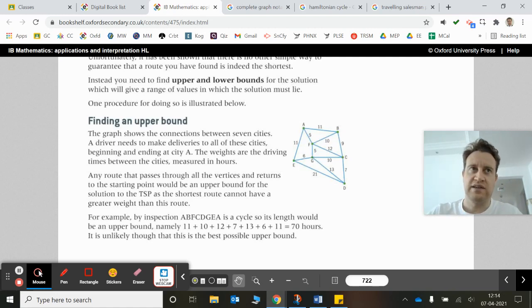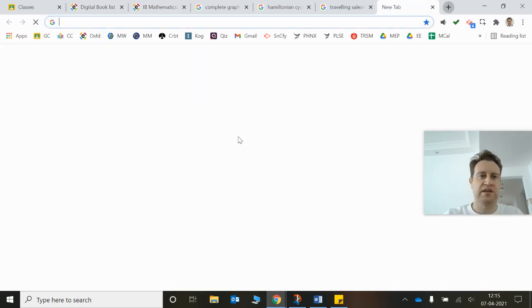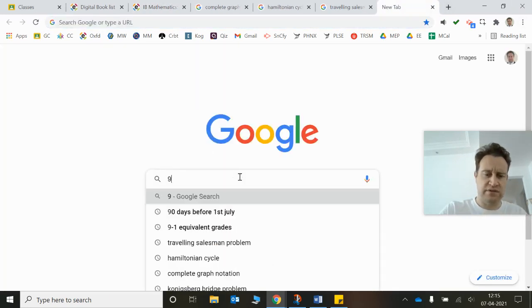You're starting off with 9 different routes from the first node, and then after you've gone, say, from A to B, you've got 8 different routes to go to another node, and so on. So you're going to have 9 factorial different routes. Now that gets really large really quickly. Let's have a look at 9 factorial.